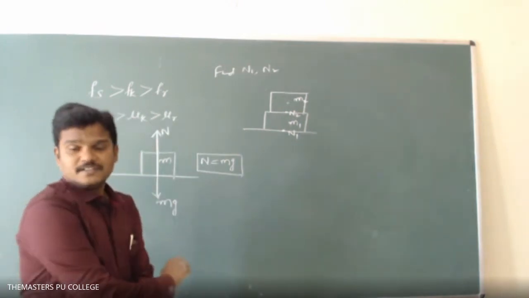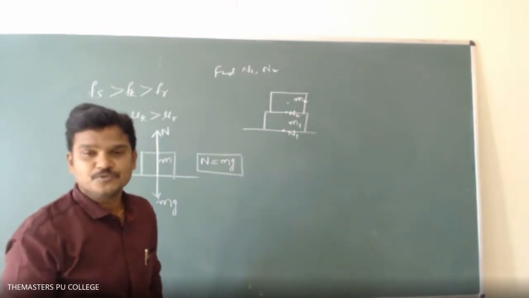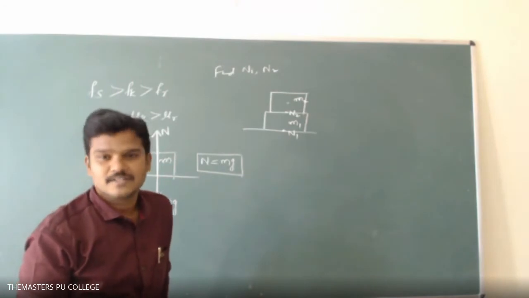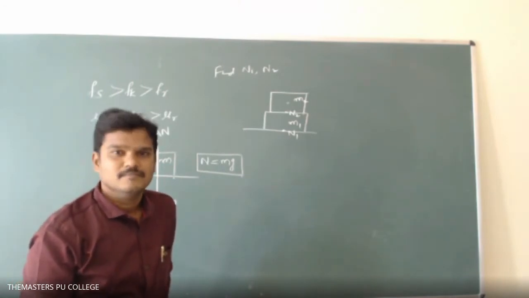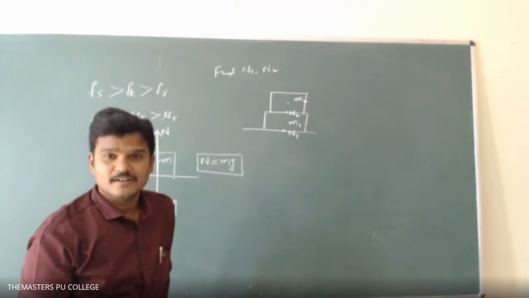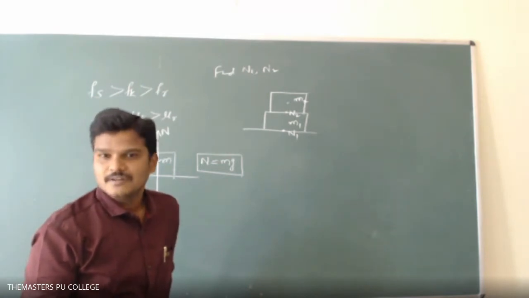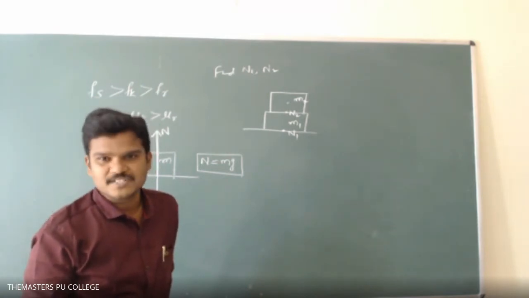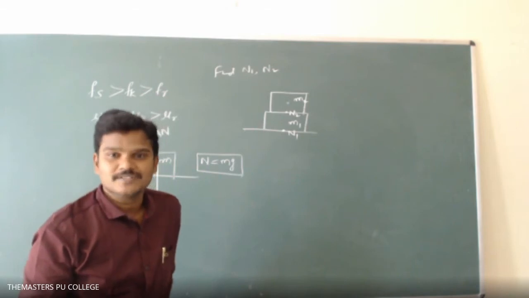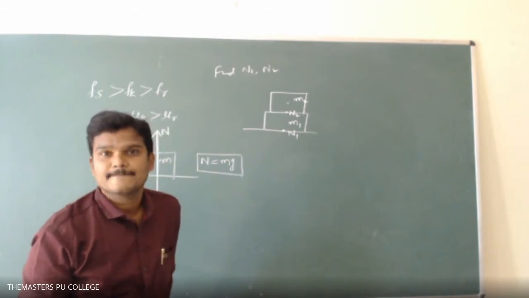And I told you already in the last class, normal reaction force is what? Is it a contact force or not? Remember? Contact force. Contact force is nothing but a pair of forces. And that pair of forces will act on the same body or different bodies? Different bodies, definitely.